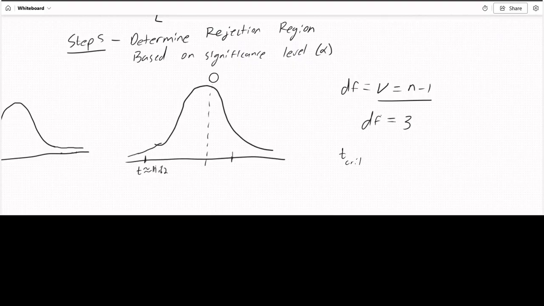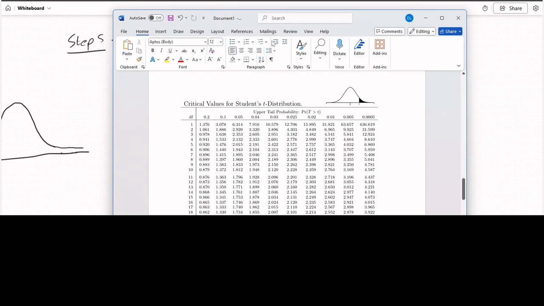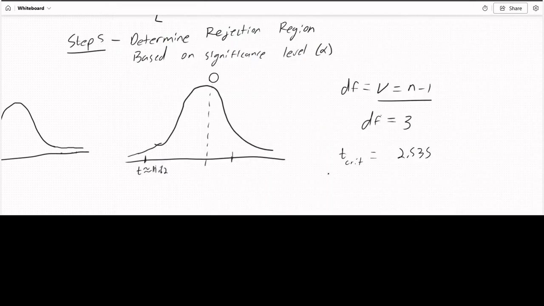T critical equals 2.535. But wait, this was for the upper end. Because this is perfectly symmetrical and we're trying to find the lower tail, we can just find the negative. So negative 2.535 describes the lower 5%. Okay?